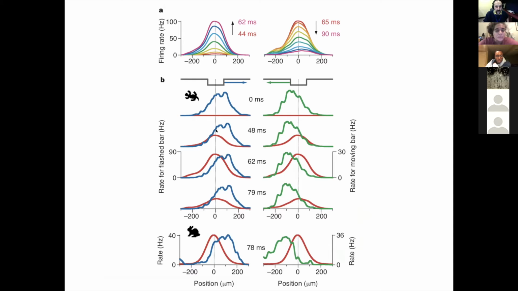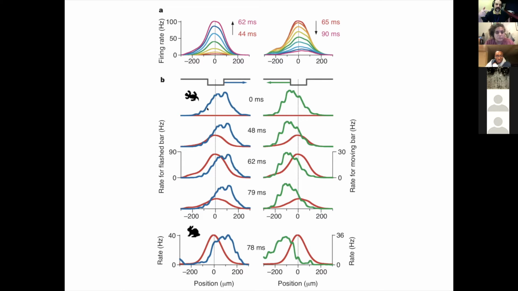However, when you move the bar, this is what happens. Instead of using a flashing bar, when you have a moving bar, you see this wave of activity ahead of the bar on the retina. It gets distorted to one side or the other, depending on whether you move the bar to the right or to the left.